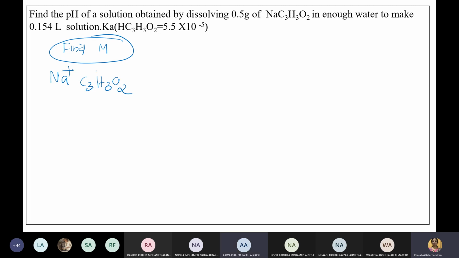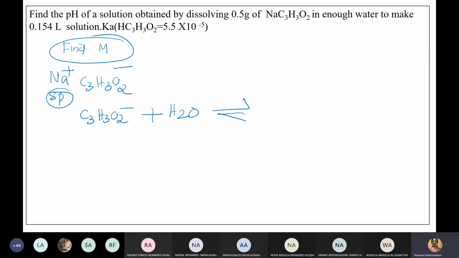This is Na plus and this one is spectator, correct? So how do you write the equation? C3H3O2 minus plus H2O.